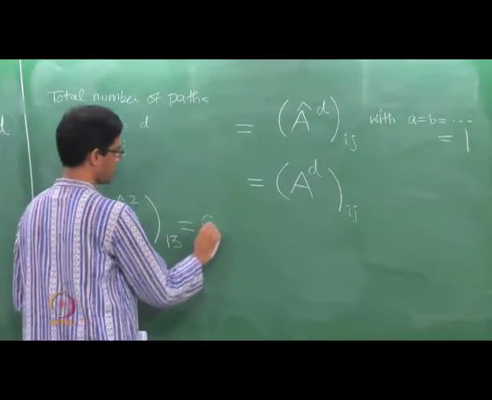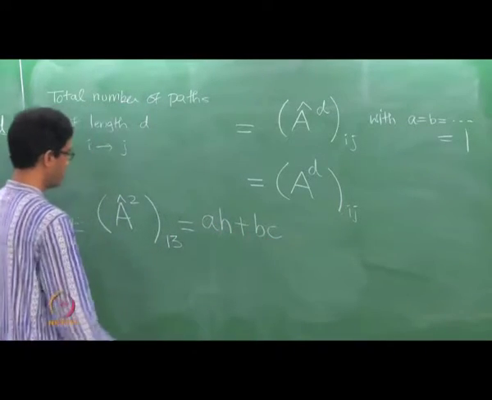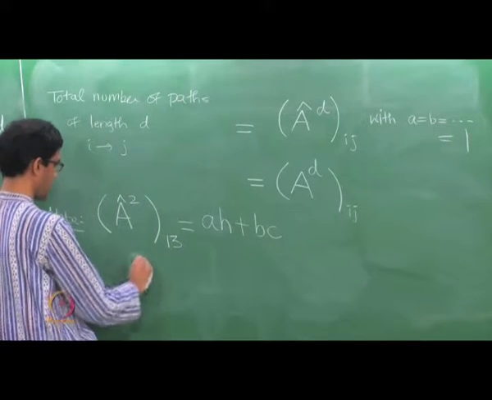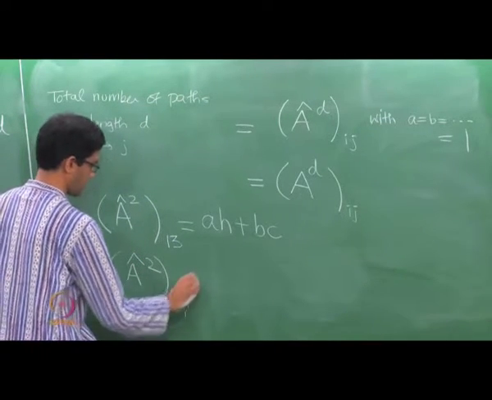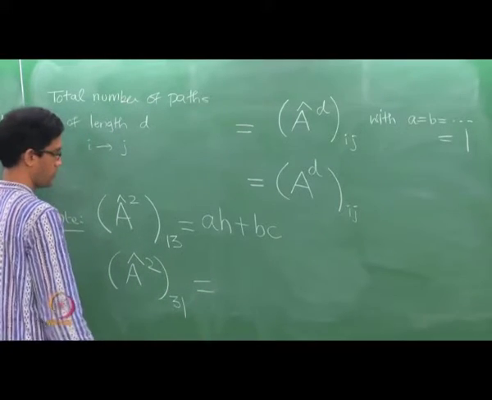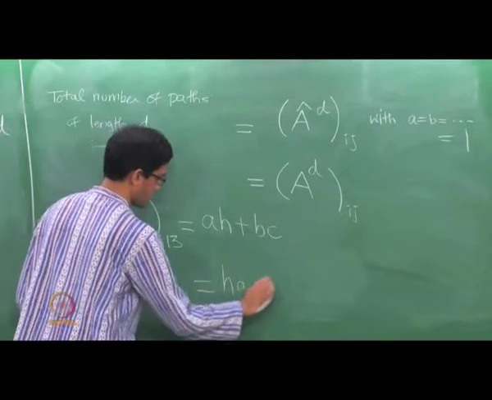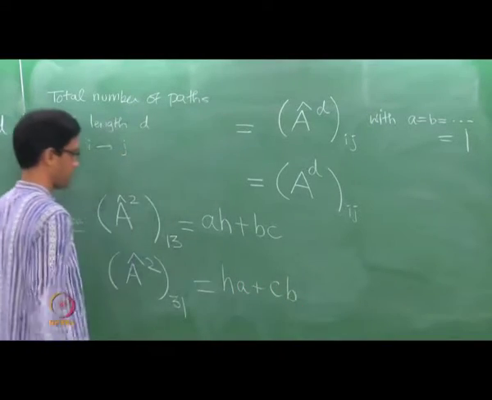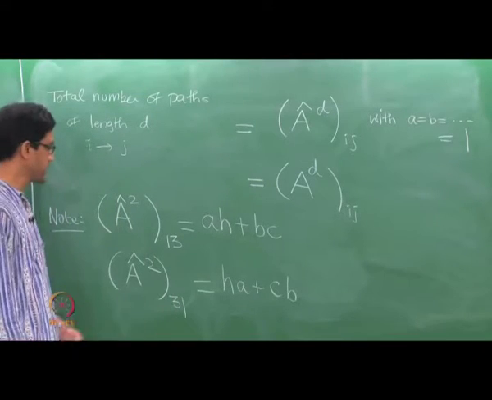What you would get, as we mentioned earlier, is AH plus BC. But if you computed A hat squared and took the 3,1 element, not the 1,3 element, then here's what you will find. It will be HA plus CB. Okay, so please check both of these relations.